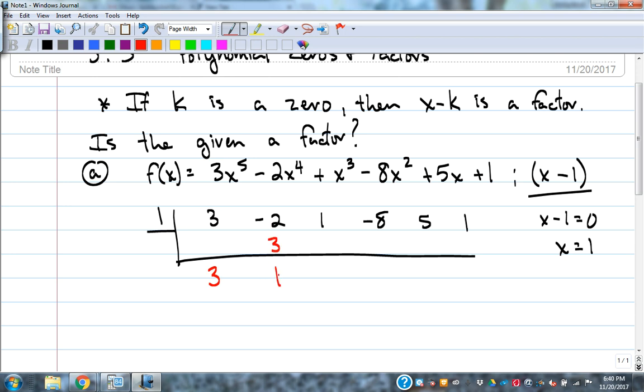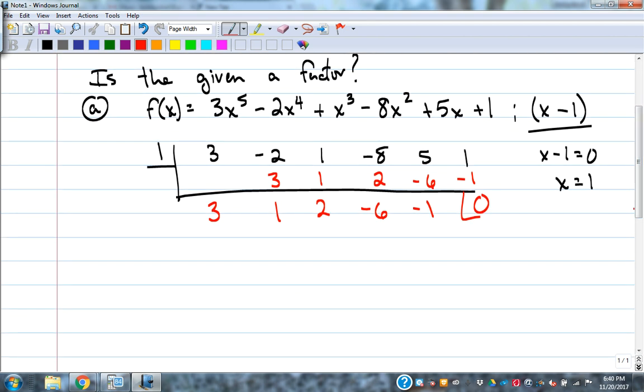And then that's going to be 1 and 1, 2, 2, -6, -6, -1, -1. And yes, it is a 0. Okay, so that tells us that x minus 1 is a factor.